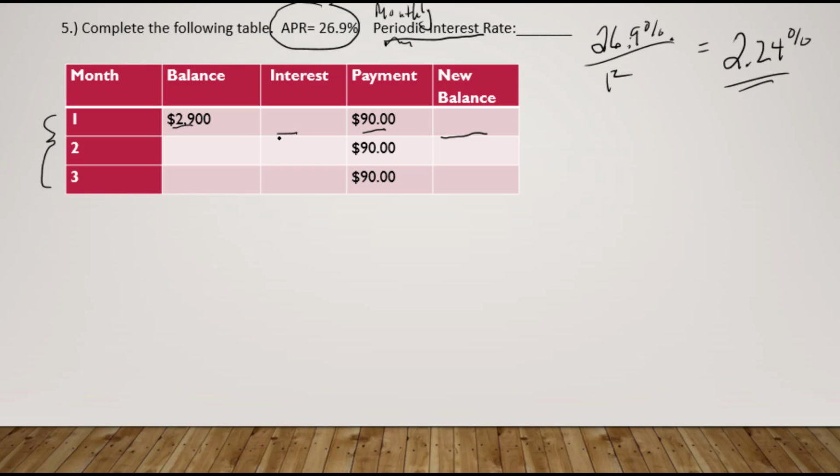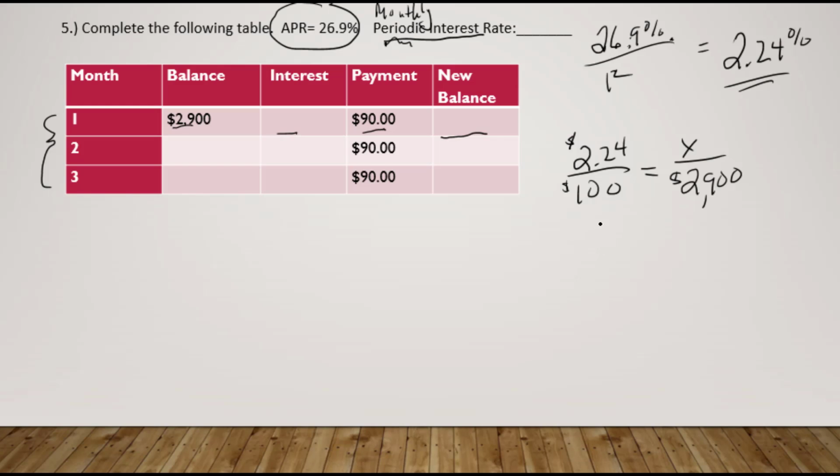So for the first interest, I want $2,900. I'll do it this way: $2.24 in interest for every $100 that you borrow. Interest over balance. And that's got to be equal to, I don't know how much interest over my $2,900 that I borrowed or I owe. Cross multiply and divide.